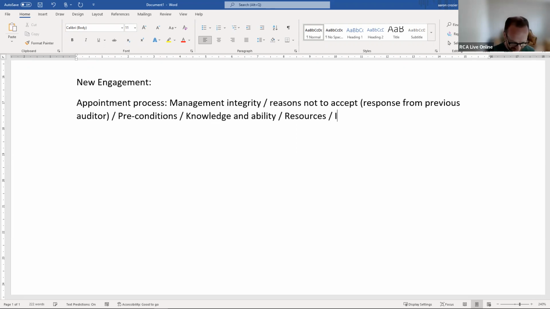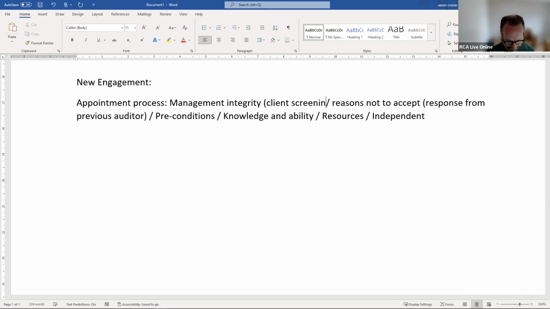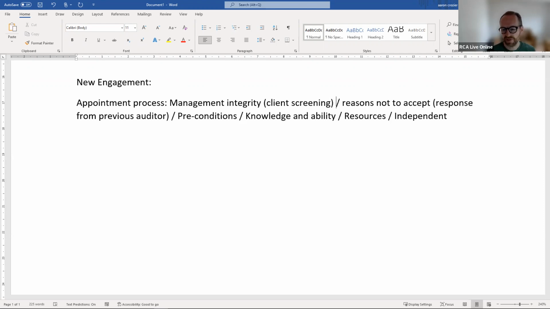Are we suitably independent? All of those things will feed into whether or not we can actually go ahead and do this audit. If we don't trust management, and that's sometimes called client screening, then maybe we shouldn't be doing the audit.